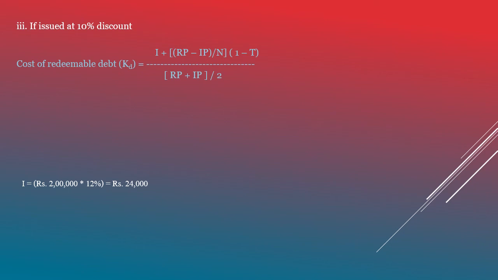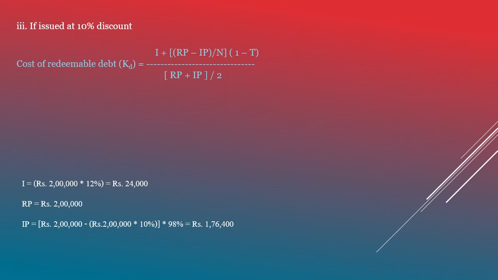Now the next condition is when the debenture will be issued at 10% discount. First of all we will write the formula, and then we will calculate. I is same, 24,000. RP is also same, which is 2 lakh. Then IP will be changed because here the debenture is issued at 10% discount.